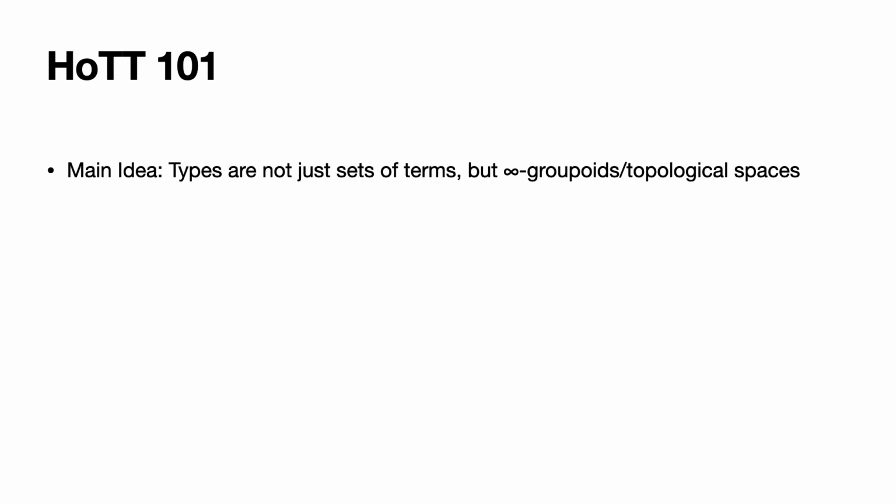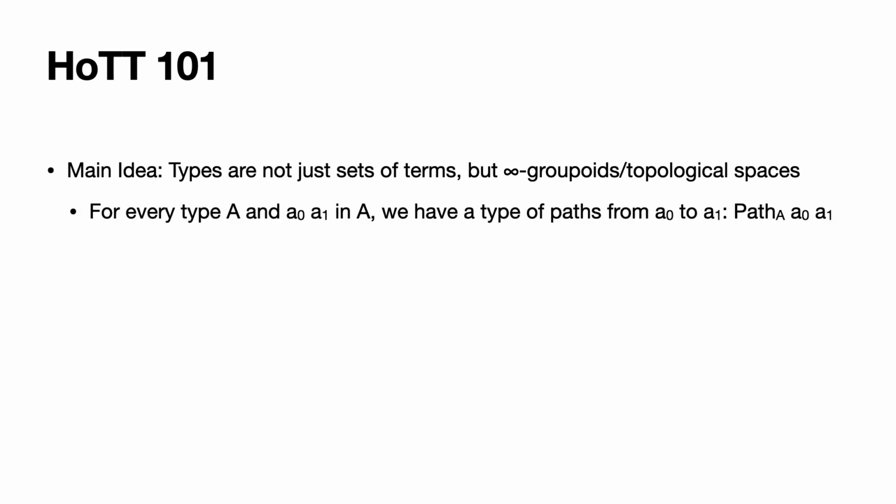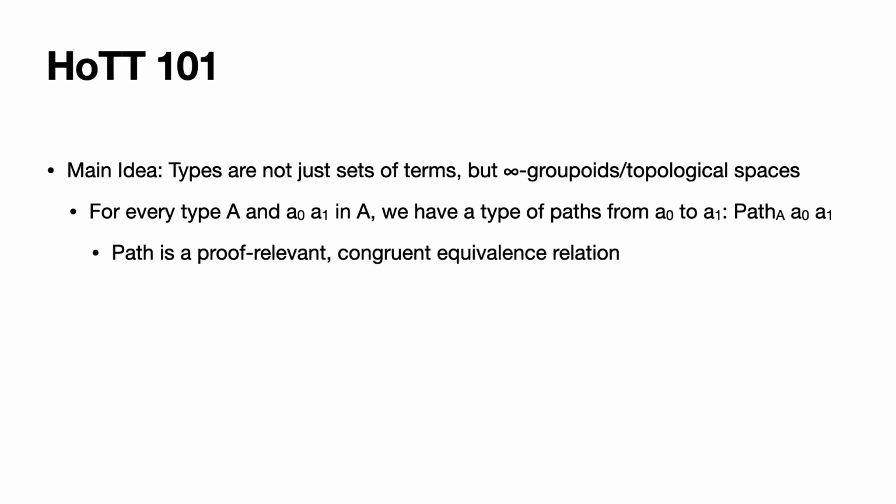So, the main idea of homotopy type theory is that types are not just sets of terms, but are infinity groupoids, or topological spaces. So in particular, that means that for every two terms, A0 and A1 in a type, we also have a type of paths from A0 to A1. And this path type is a proof-relevant congruent equivalence relation.